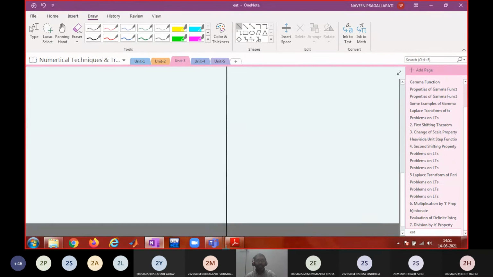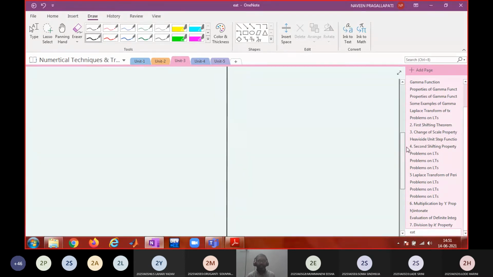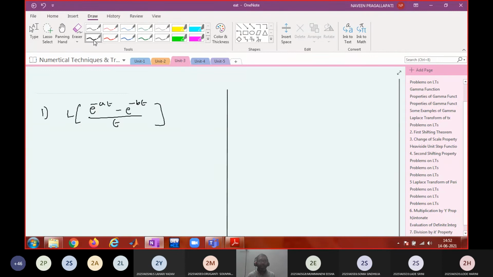Whenever you see division, t is dividing, you can apply the division by t property. So you can see this as the integral from s to infinity of Laplace of the numerator, e^(-at) minus e^(-bt), in the parameter x, dx.